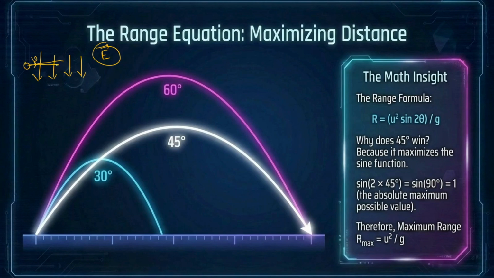Now it gets pulled this way. So the electron's velocity in the horizontal direction is constant, but the velocity in the vertical direction is affected by this electric field. So in that case, also, you can get projectile motion.